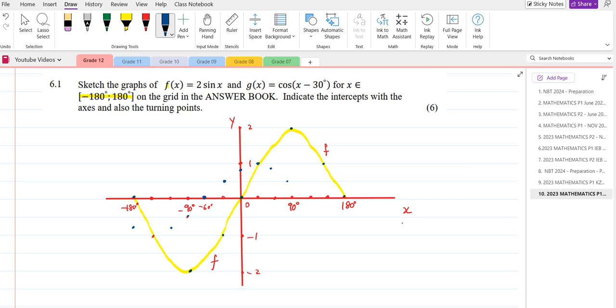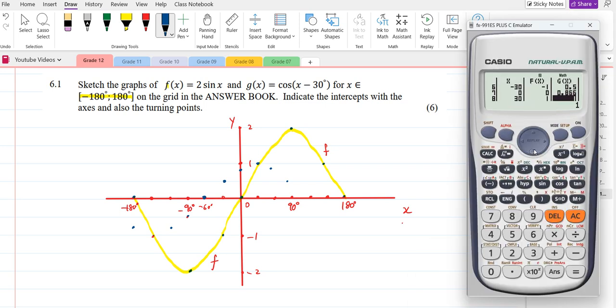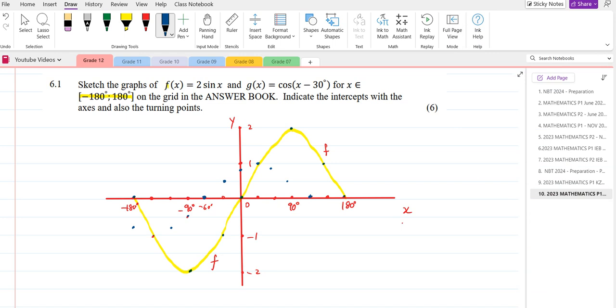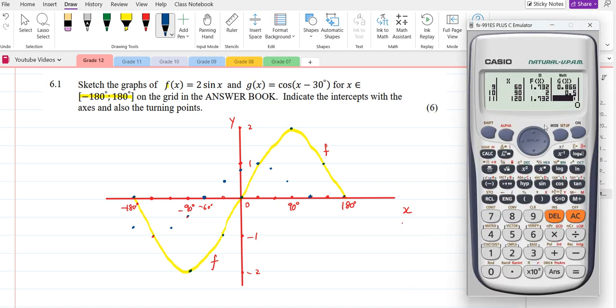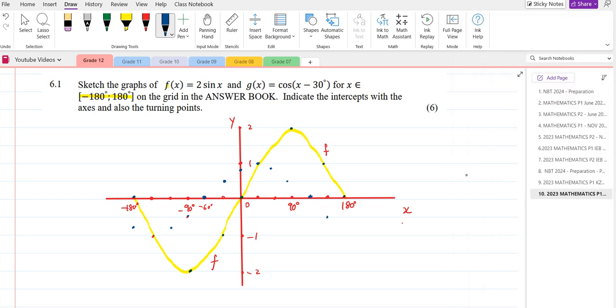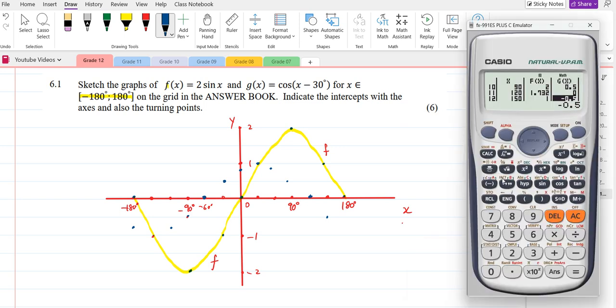Let's check. 1, 0.866. At 90 I got 0.5. Then at 120 I got 0, right? Then at 150 I got negative 0.5, and then at 180 I've got negative 0.866, so somewhere close here.